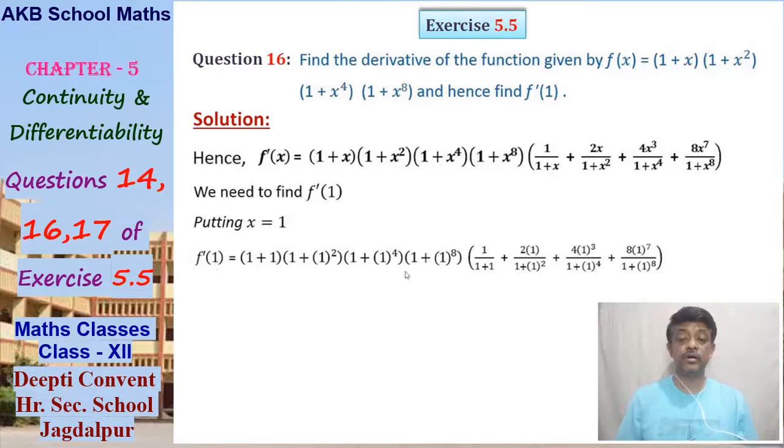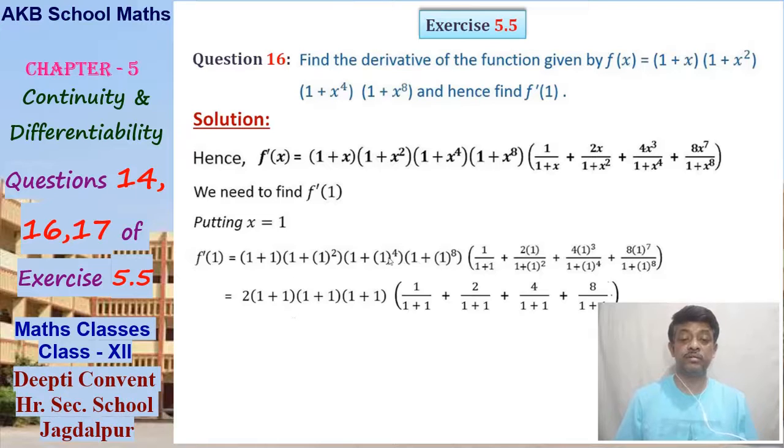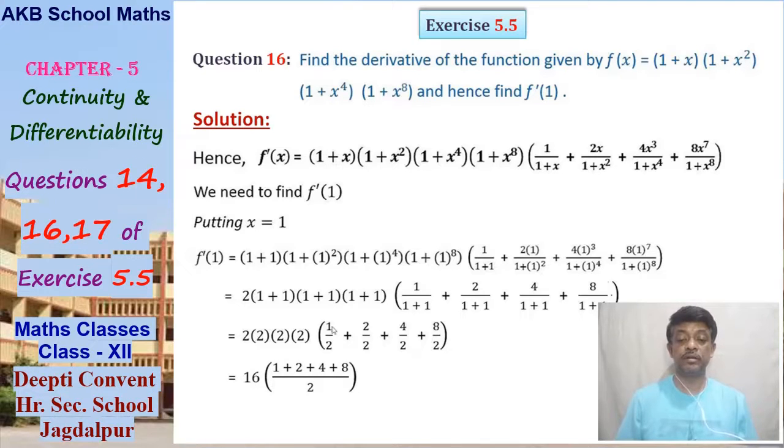Now solving it, we can get the value like this, adding and taking the LCM. This equals 120. So 120 is the value of f dash 1. This was the solution of question 16 of exercise 5.1.